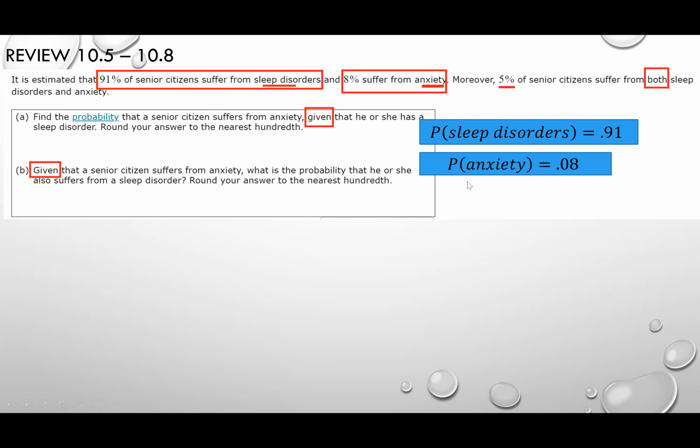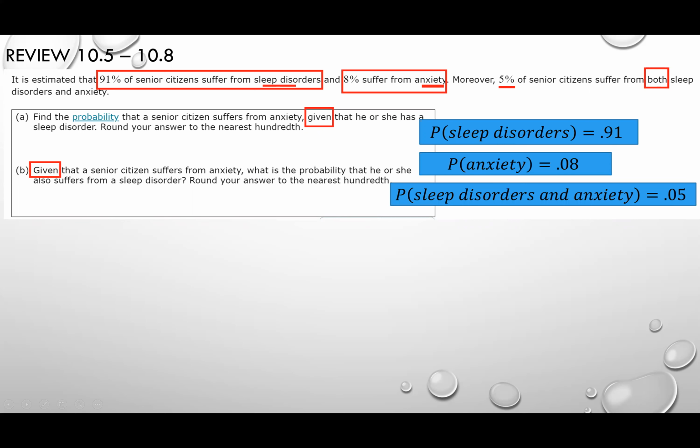And 0.08 is the probability of senior citizens who have anxiety. And because they say both, sleep disorder and anxiety, that is 0.05. So all I did was take the percentage and convert it to decimal.